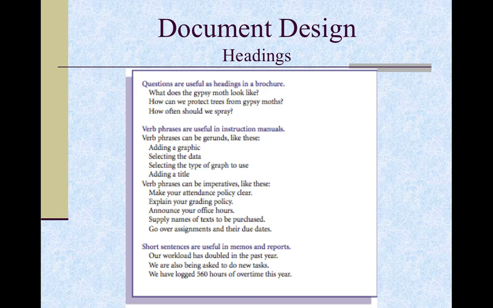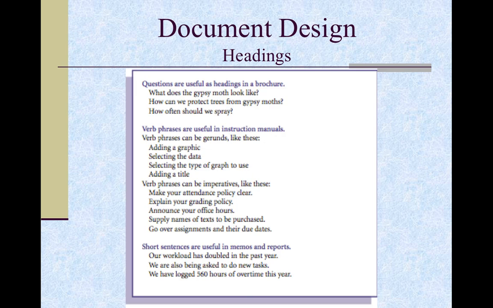Here we have verb phrases: adding a text, selecting the data, selecting the type of graph, adding a title. The next example, we can have verb phrases as imperatives. The imperatives are commands. Make your attendance policy clear. Explain your grading policy. Announce your office hours.